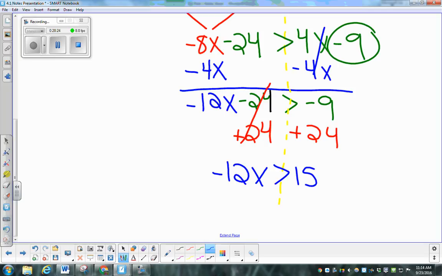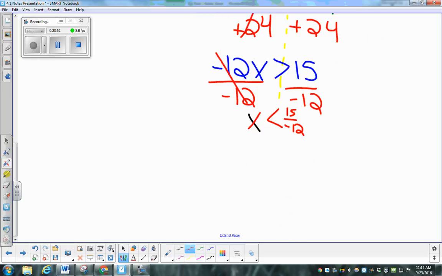We've done some adding, some subtracting. But now, to get x by itself, we need to divide by negative 12 on each side. So we just divided by a negative. That means we are now going to have to switch that from a greater than to a less than symbol. So x is less than 15 over negative 12.